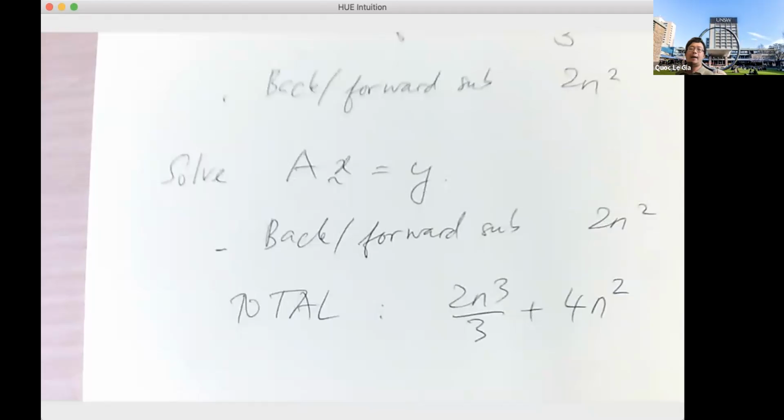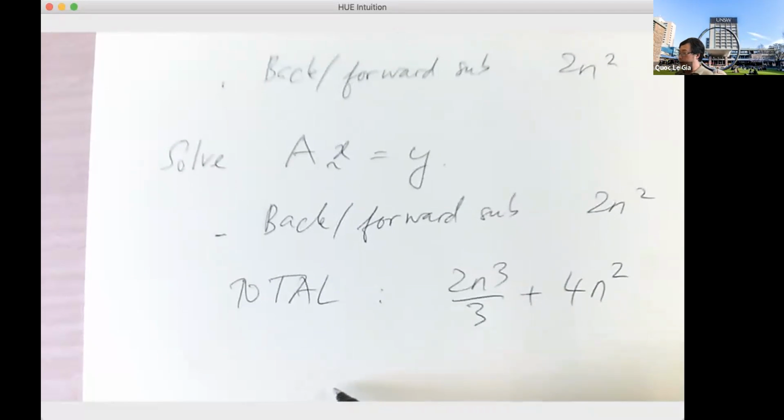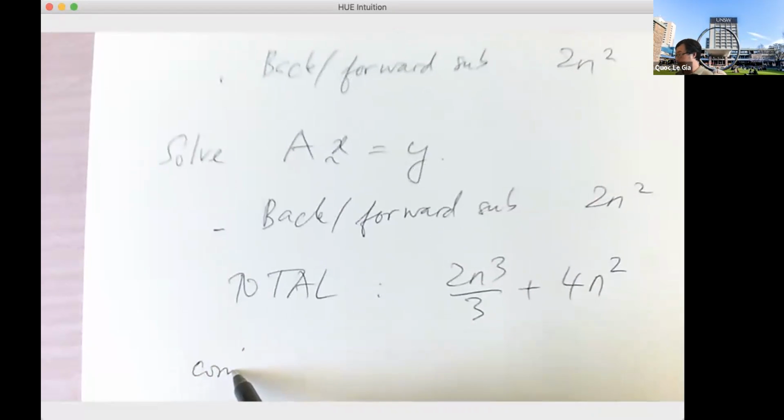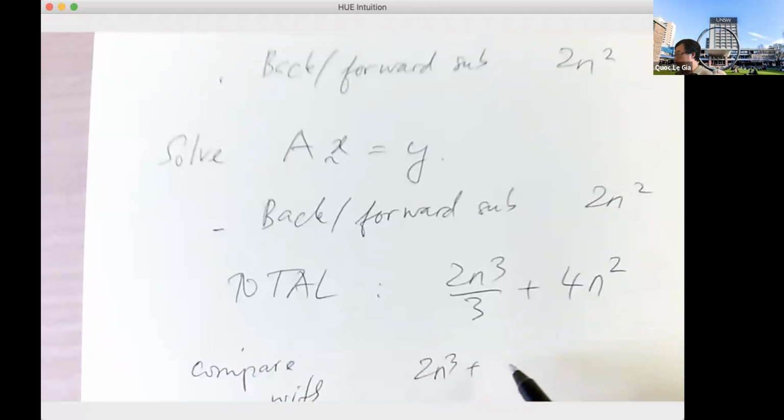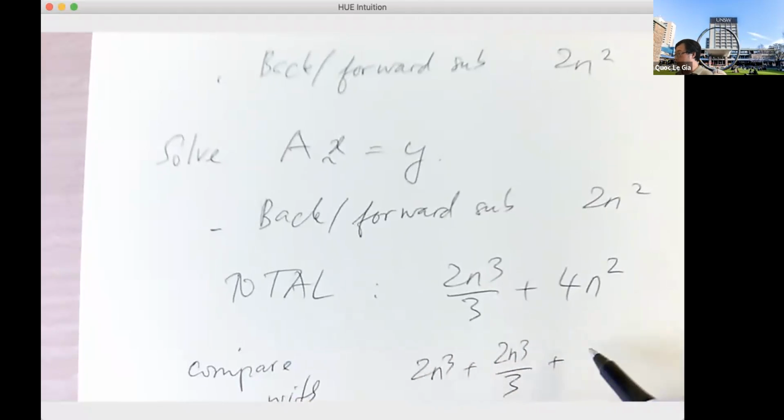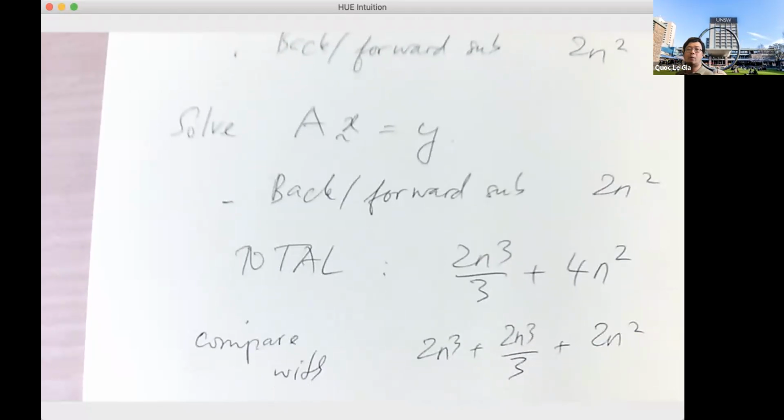Here we have to assume large n. The first one is more costly.